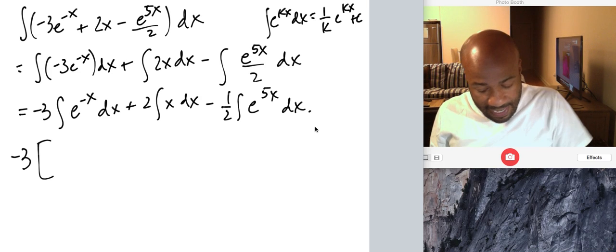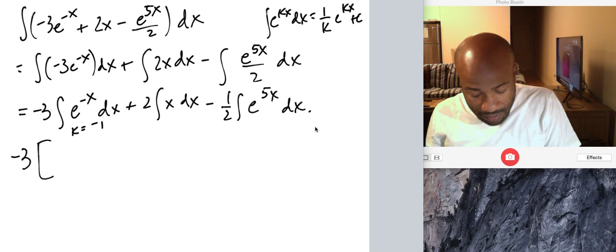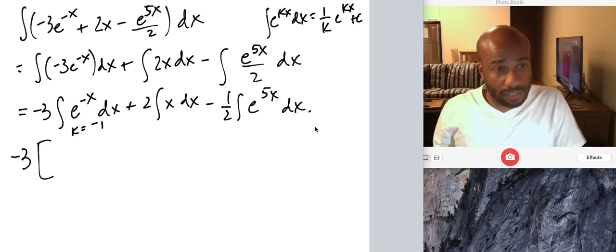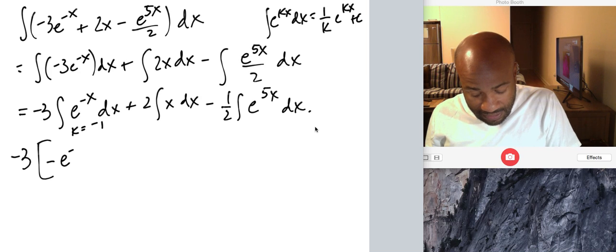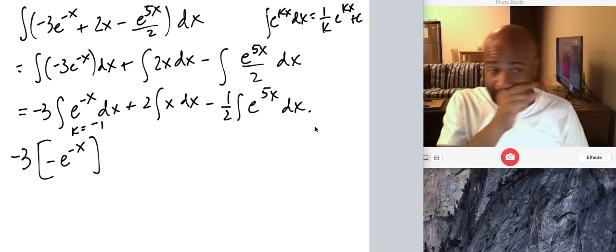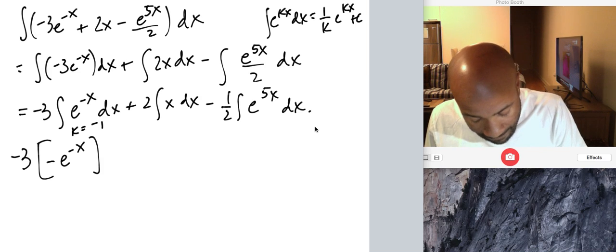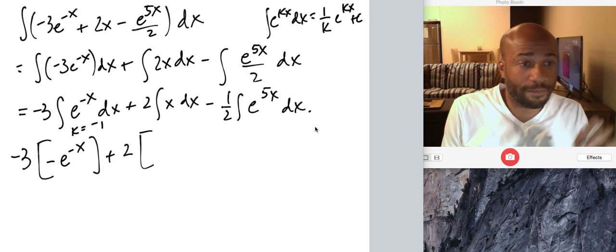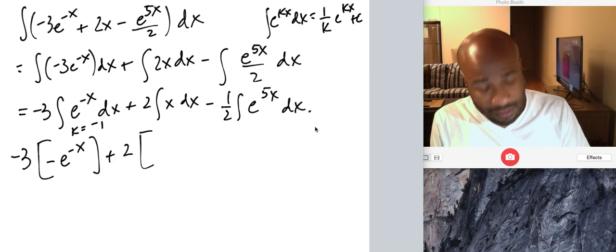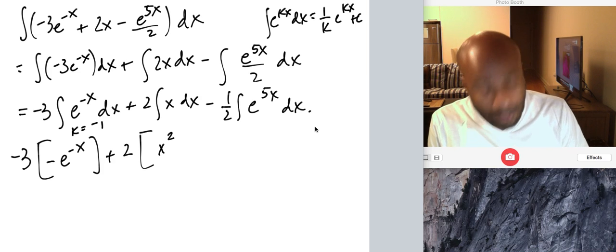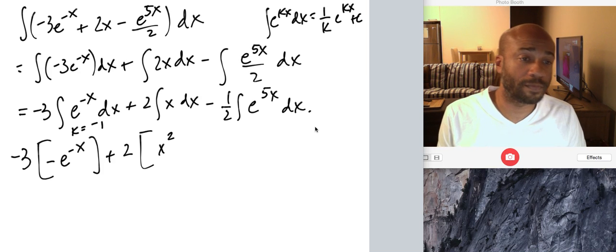So in this case, my k is -1, so I have 1 over -1, which is -1, e to the -x. I'm going to put the plus c all the way at the end, because at some point I know I'm going to have to get that constant. Plus 2 times, so x to the first, add 1 to the x, so I have x squared. 2 over 1 is the actual fraction.